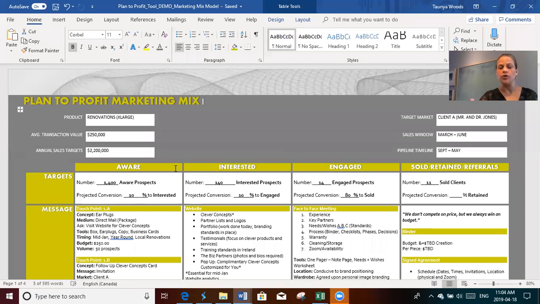So I want to walk you through step by step how you are going to fill out this template. Now, if you have marketing consultants, this is a great exercise to do with them. If you've got people that support you with social media, this is a great exercise to do with them. It certainly does not hurt if you've got someone to bounce some ideas off of, because marketing is a very creative process.